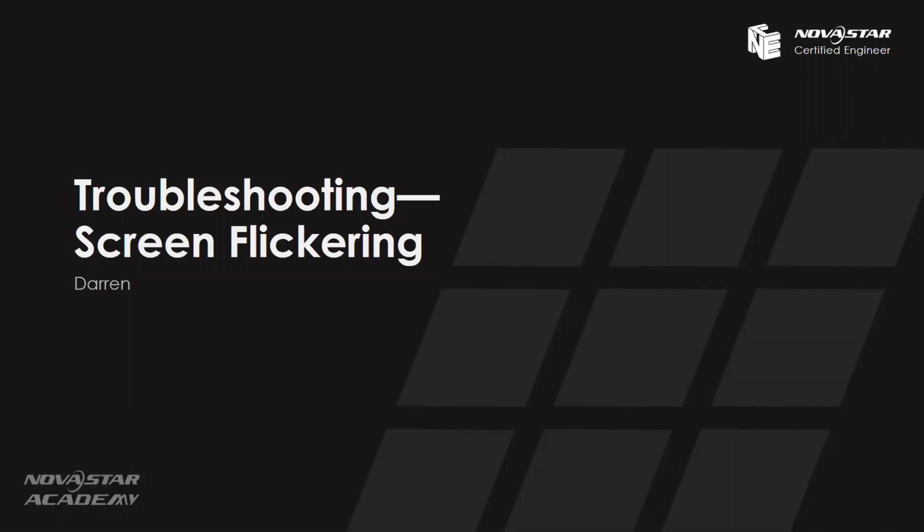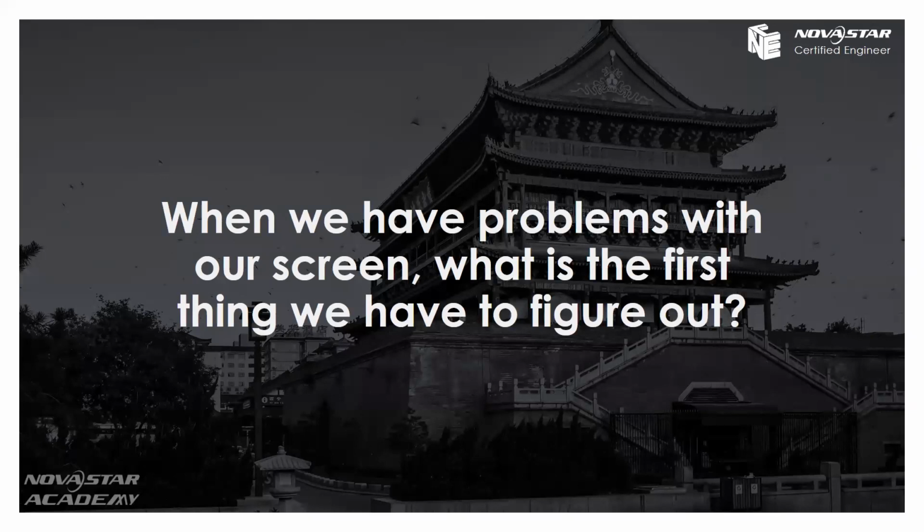I don't know if everyone has met this kind of issue, but from my experience, normally when I meet a screen issue, it doesn't matter if it's screen flickering or screen blackout, I always have one question in my mind: when we have problems with our screen, what is the first thing we have to figure out?